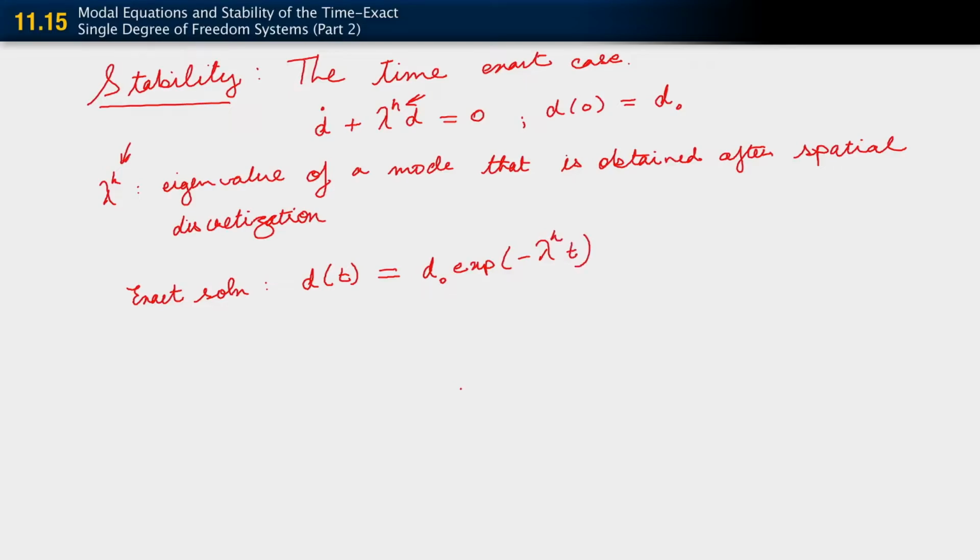It's easy enough to check that that is indeed the exact solution. If you plug it into our ODE, you will find that it satisfies the ODE, and it also respects the initial condition. Just set t equal to 0. On the right hand side, since exponent of minus 0 is 1, you get back d at 0 equals d naught. Okay, so this is the exact solution.